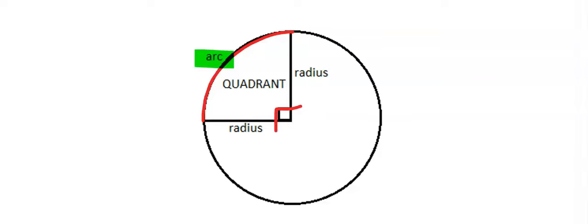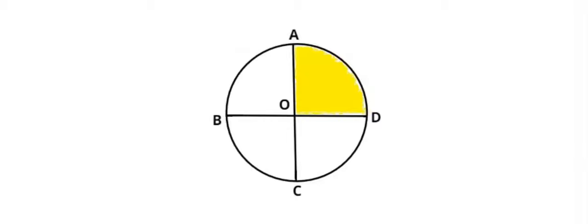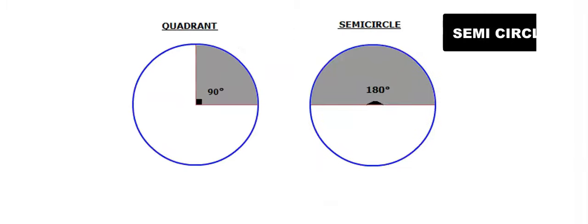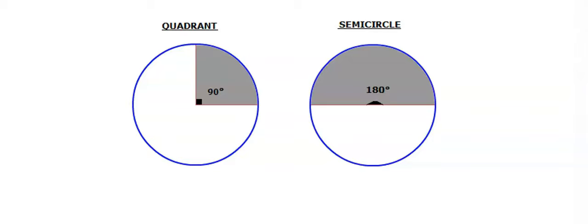The arc is a curved line, and the radii that make up the quadrant must be equal. Two quadrants put together is known as a semicircle, and their angle at the center is 180 degrees.